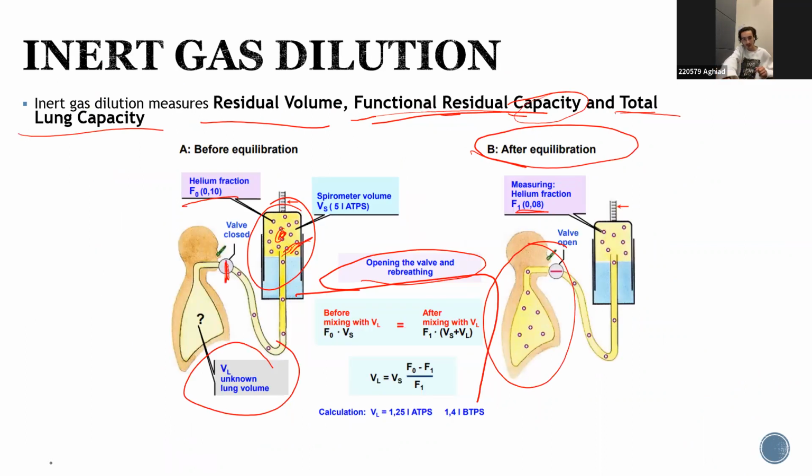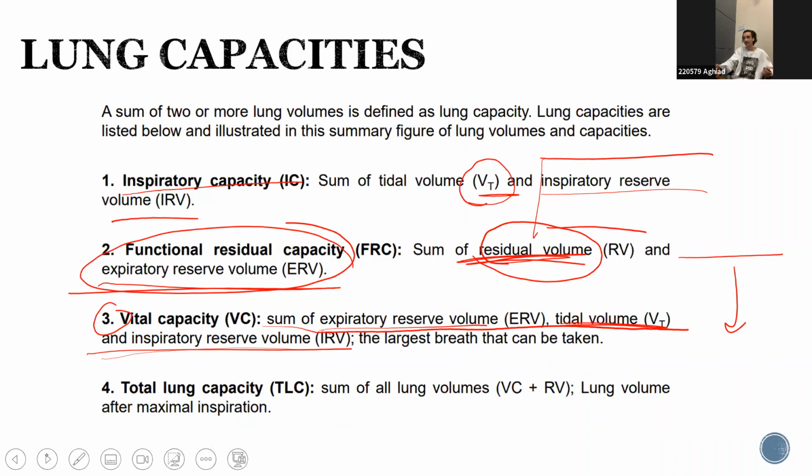So it's basically what we maximally inhale and exhale all together. Yes, anything except the residual volume. And you have the total lung capacity, which is everything, basically. So the vital capacity, all three volumes, plus the residual volume, because vital capacity doesn't include residual volume.